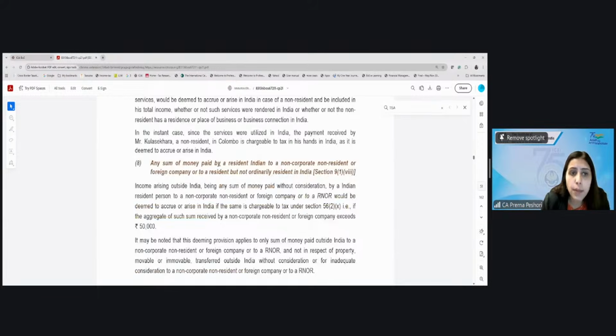Are we clear? And then finally, the deemed to accrue also includes the payment of any sum of money paid by a resident to a non-resident or a foreign company or to an RNOR, which shall be deemed to accrue or arise in India if the value is more than 50,000.